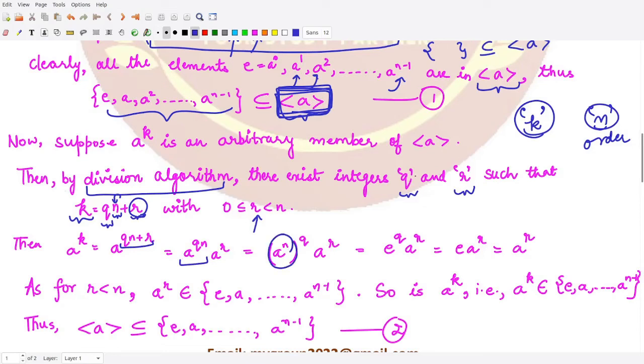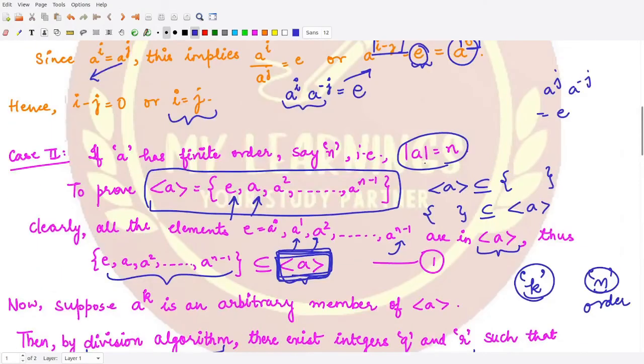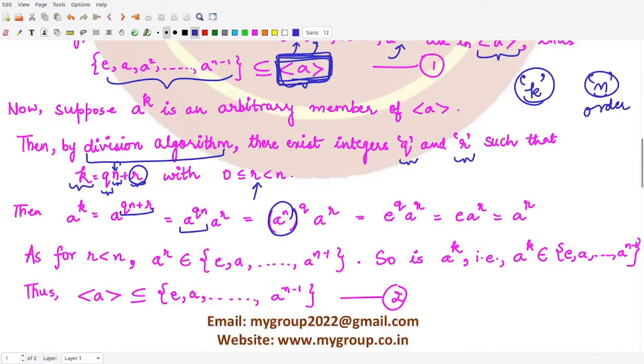Because n is the order of the element a, a to the power n is equal to e according to the definition of order. So we have e to the power q times a to the power r, and e to the power q is the identity only, and identity multiplied by some element is that element only, so you have a to the power r.